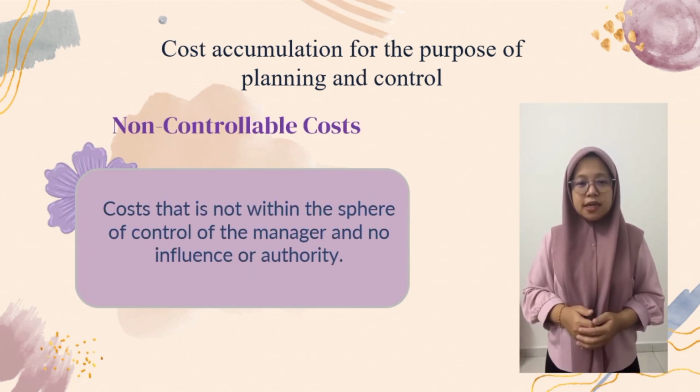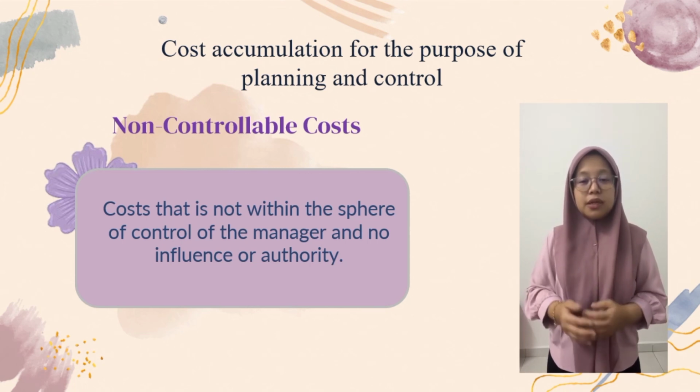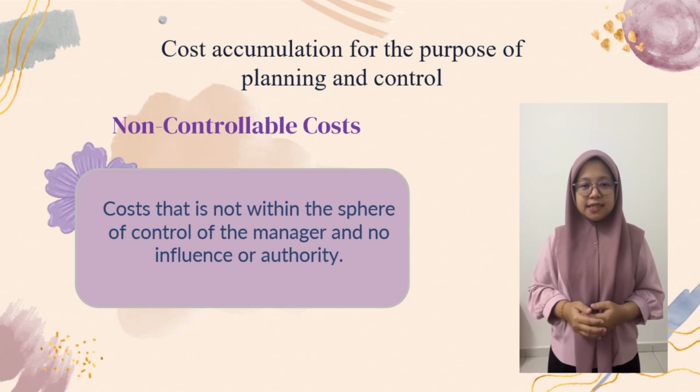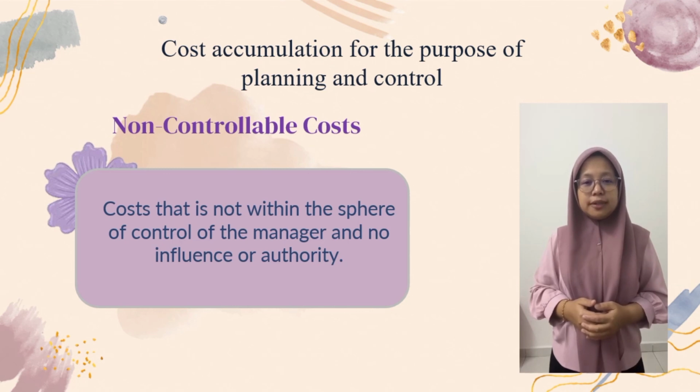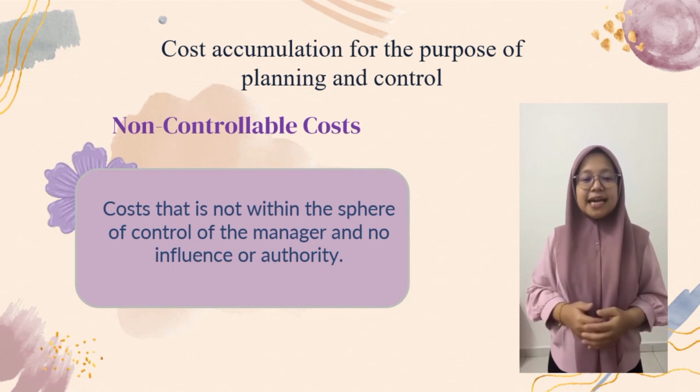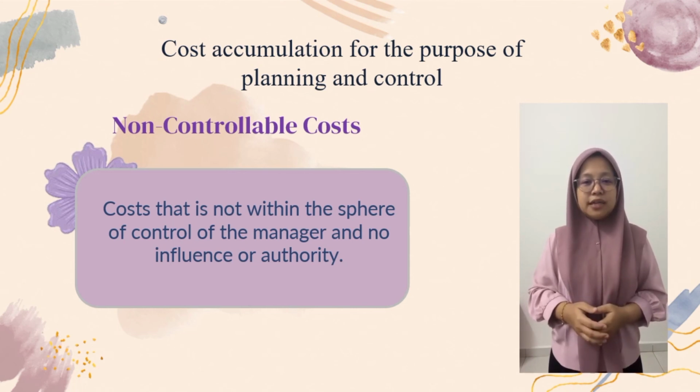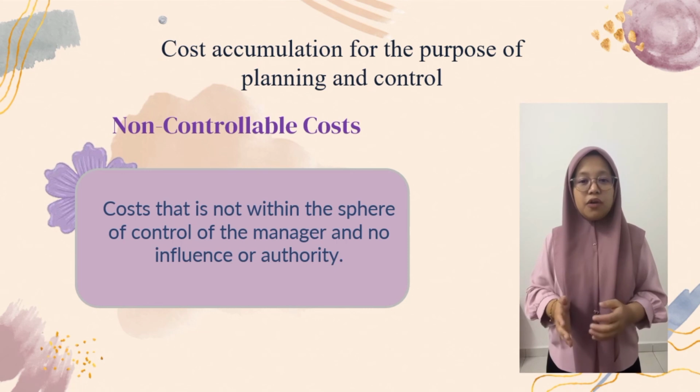Non-controllable costs are those costs which cannot be avoided or altered by management decisions, especially in the short run. The major reasons why a cost becomes non-controllable are that it is either fixed in nature or arises as a result of some kind of mandatory influence or power of one or more external parties.